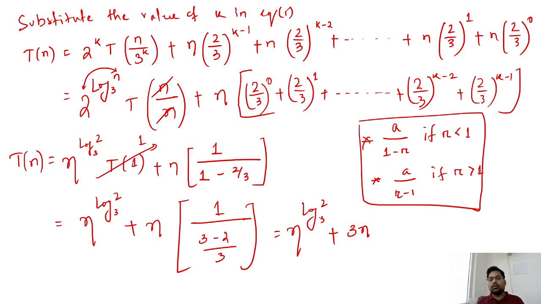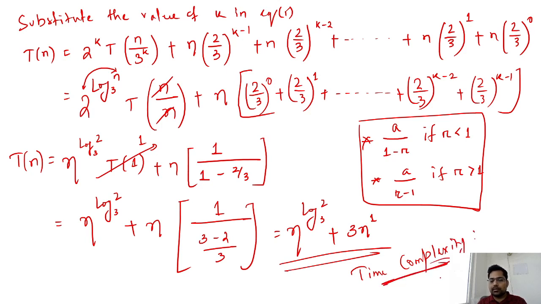So here the power is 1, and the power is log 2 base 3. Based on that, we can find the time complexity is big O of n to the power log 2 base 3.